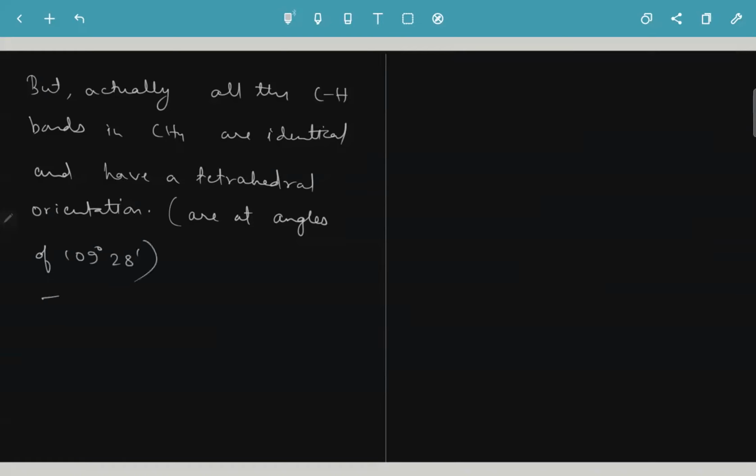Okay. This cannot be explained with the help of valence bond theory.